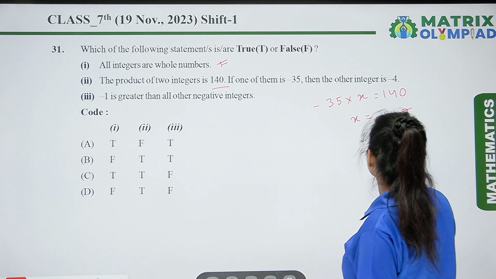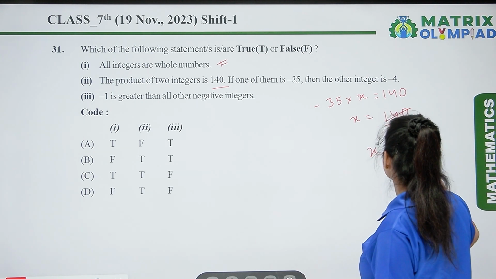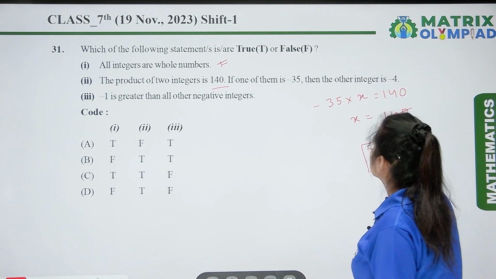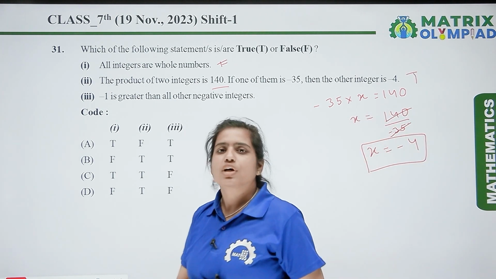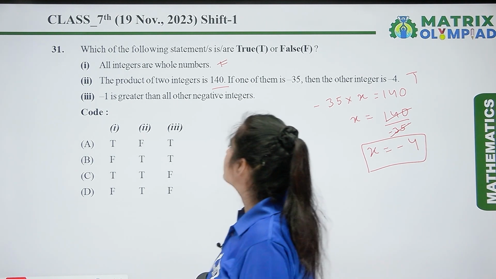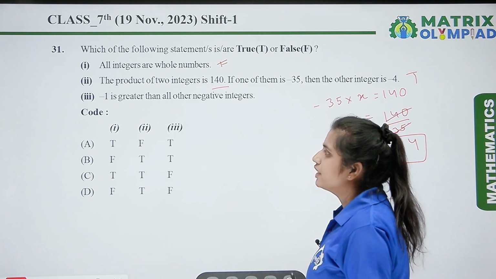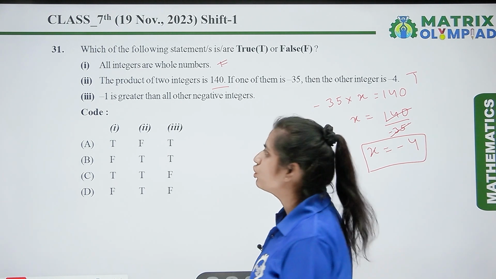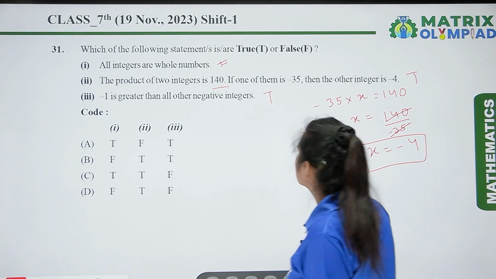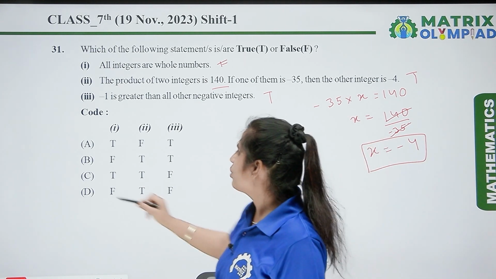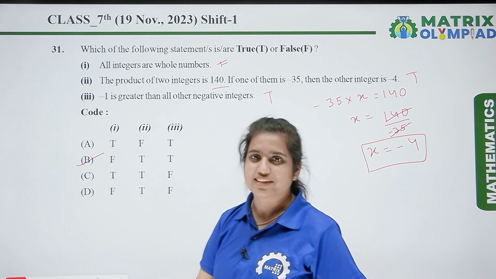After cancellation, we get x equal to minus 4. So the second statement is true. The third one is: minus 1 is greater than all other negative integers. Yes, this statement is also true. So the correct sequence is false, true, true. Here option B is the correct answer.